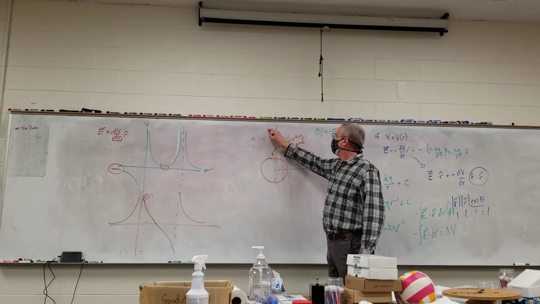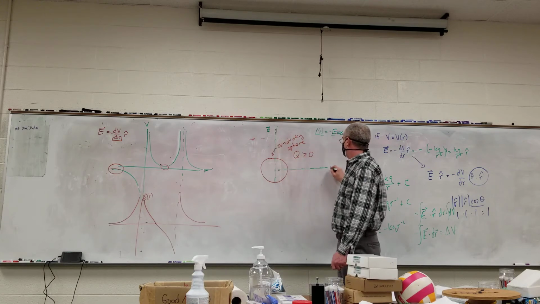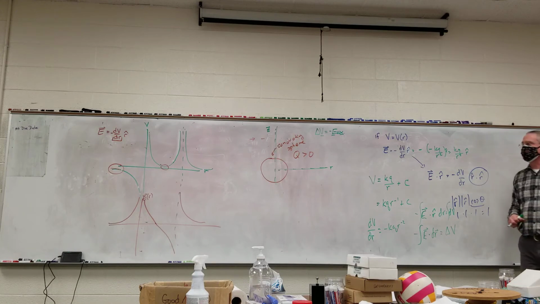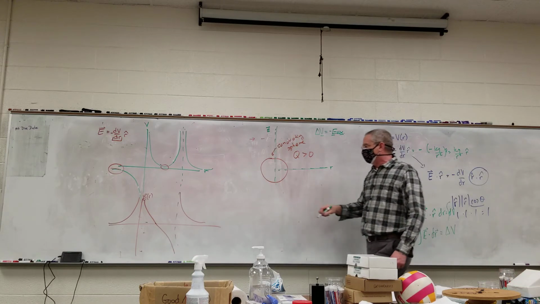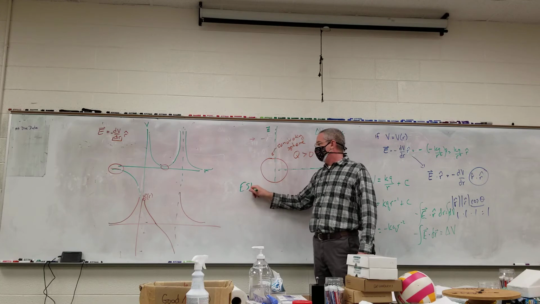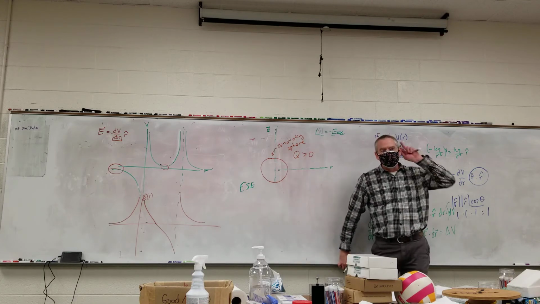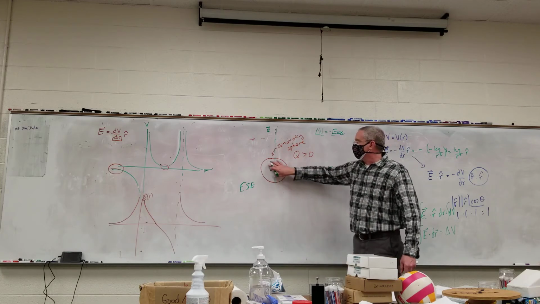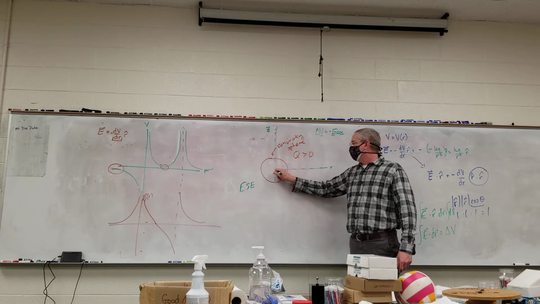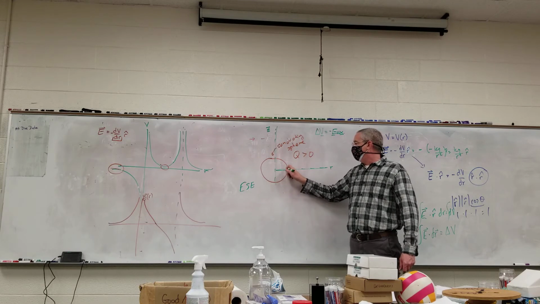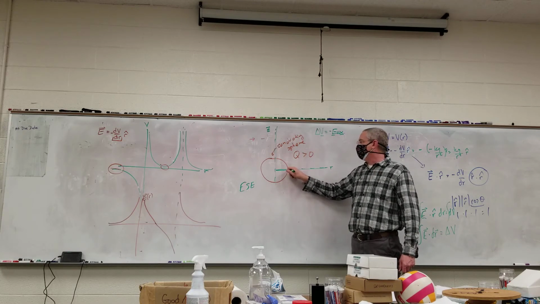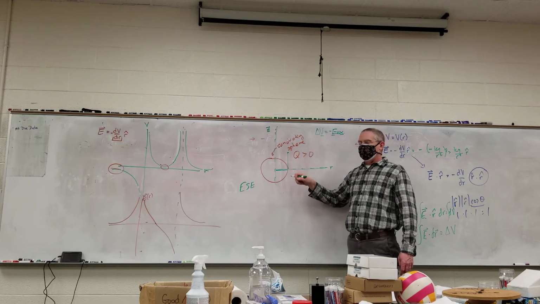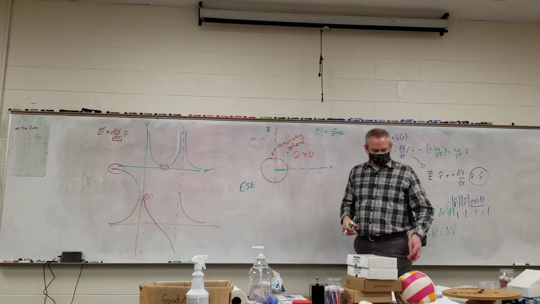So let this be my electric field, and R. Where are my charges? Let's assume it's an electrostatic equilibrium. On the surface. All right. And what is my electric field inside? Zero. All right. And then suddenly, when I get to the surface, there's a spike, and that's just going to be kQ over the radius of the sphere squared.